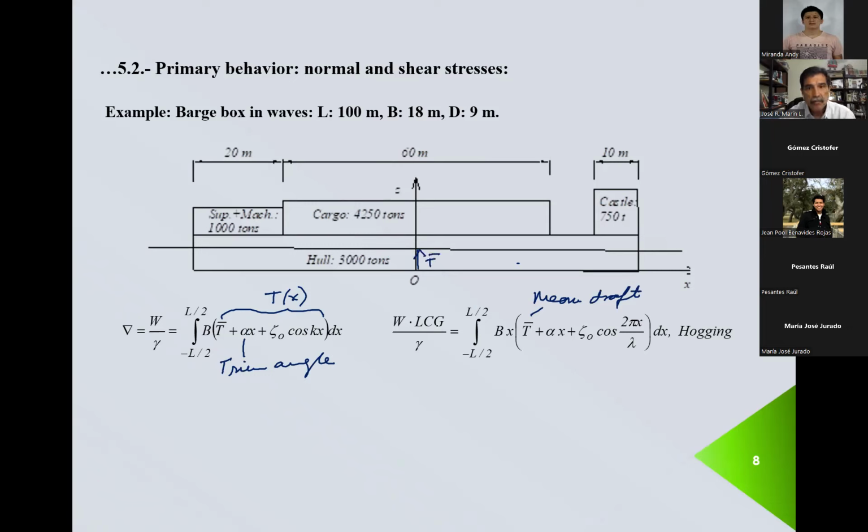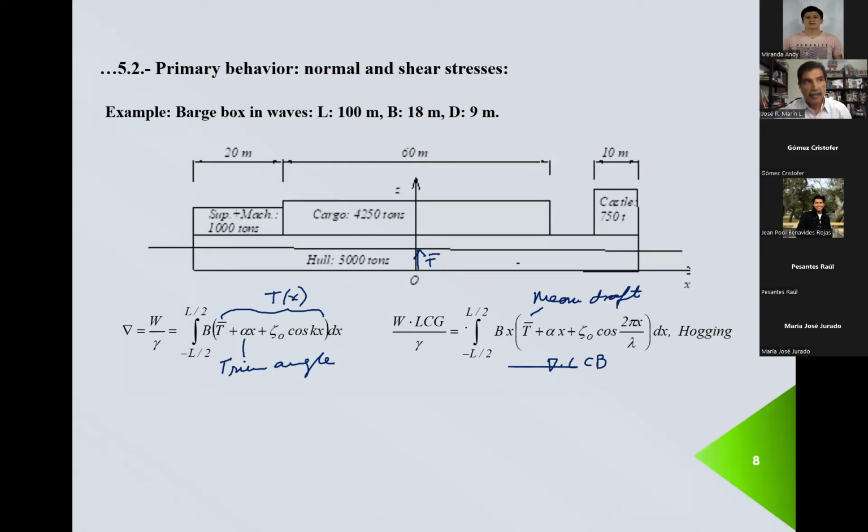And again, if I multiply the force per unit length times the arm, which is X, that produces the combination of the volume times LCB, right? And that has to be equal to this. So we have to calculate the total weight, we have to calculate the LCG, and with these two equations, we should be able to calculate mean draft and alpha, the trim angle.